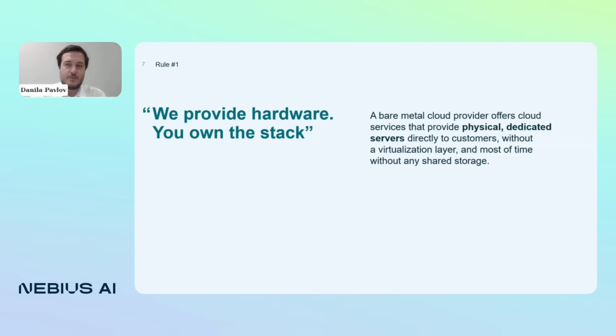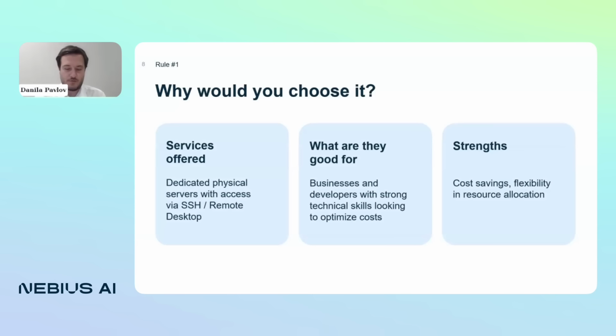Technically, bare metal is a provider who offers you a direct connection to a physical dedicated server, and they don't provide any virtualization layer, and most of the time without any shared storage. So why do people choose it? There are a lot of particular cases when a dedicated physical server is the best option. To be honest, the dedicated server can be the fastest one, and in some corner cases, it's really the best choice.